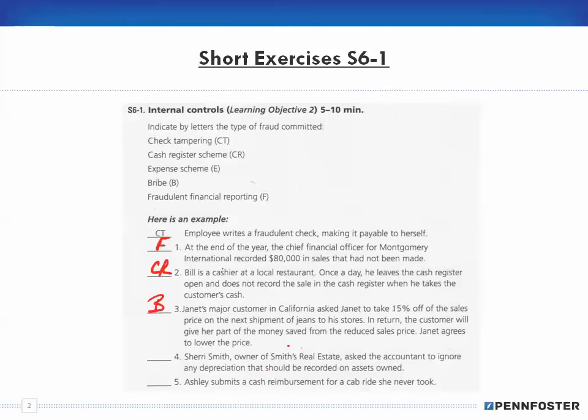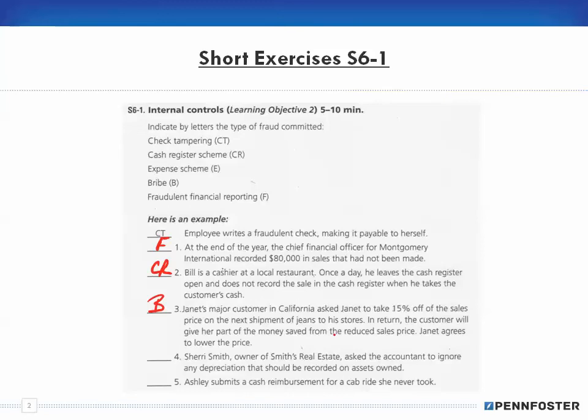Why? On this one here, think about it. There's nothing wrong with asking for 15% off. But in return, the customer will give her part of the money saved. So think about it. If it's a $100 item, and I'm just going to use round numbers here, and it's 15% off, then she's only going to be paid $85 plus tax.